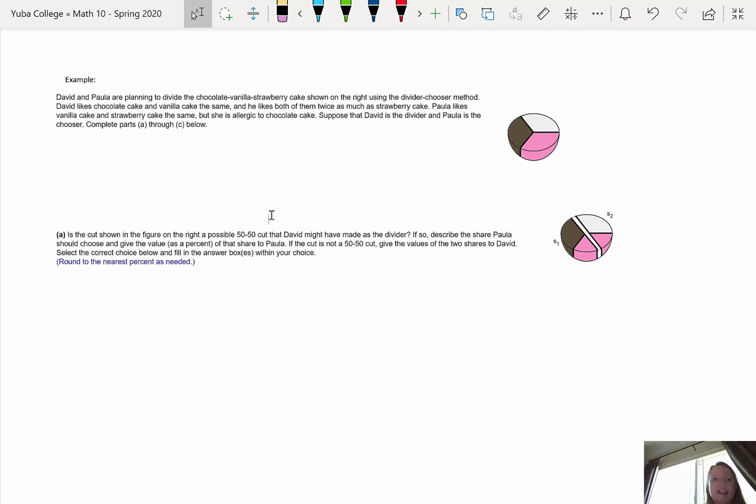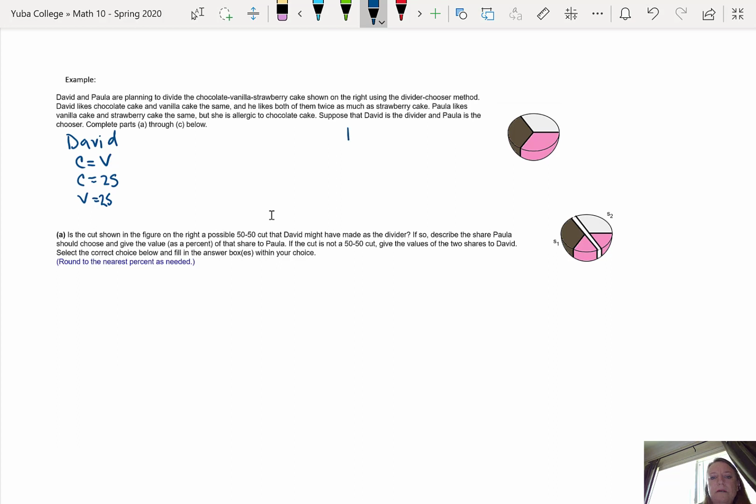So it tells me that David likes chocolate and vanilla the same. So chocolate is equal to vanilla, C equals V. But he likes both of them twice as much as the strawberry cake. So chocolate he likes as 2S, and vanilla he likes as 2S.